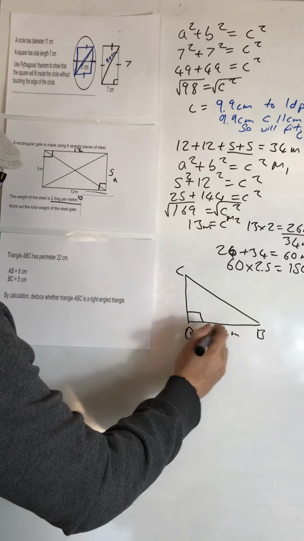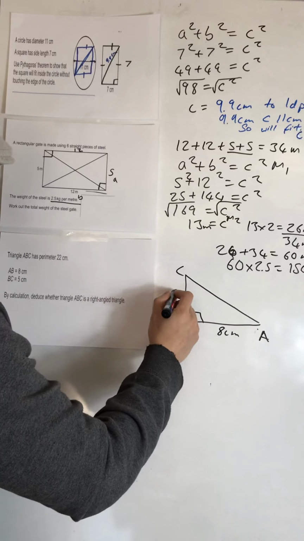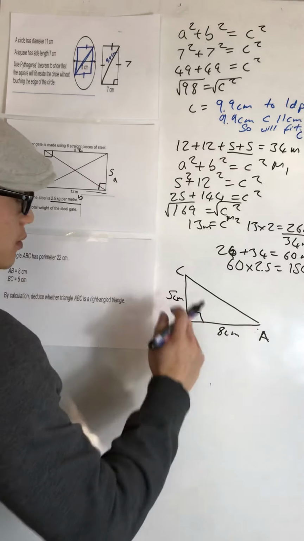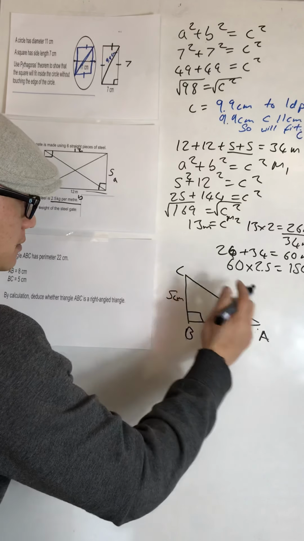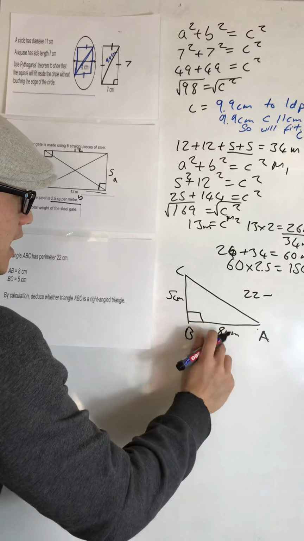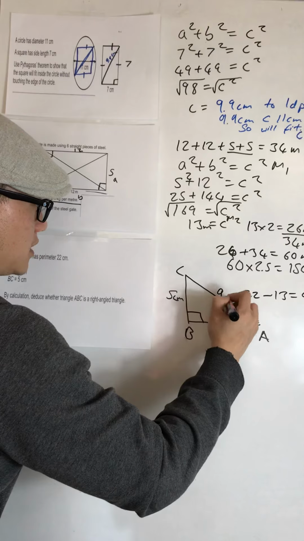So let's change that to this. So BC is 5 centimetres. The perimeter is 22. The perimeter is the outside of the shape, so we have to do 22 minus 8 add 5, which is minus 13, equals 9 centimetres. So we're assuming that's 9.